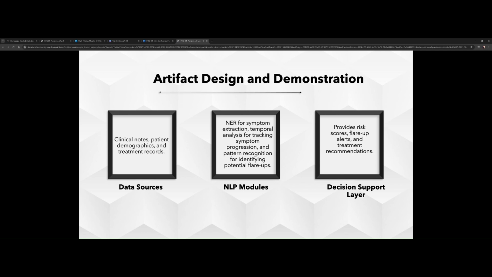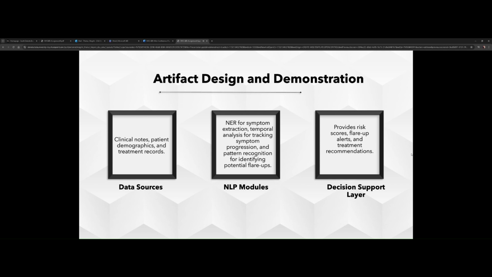These components make up a demonstration plan. A pilot study which analyzes historical patient data, and for instance we can look at the system that processes the patient clinical notes and extracts symptoms like abdominal pain, identifying increasing trends, and flagging any potential disease flare-ups.